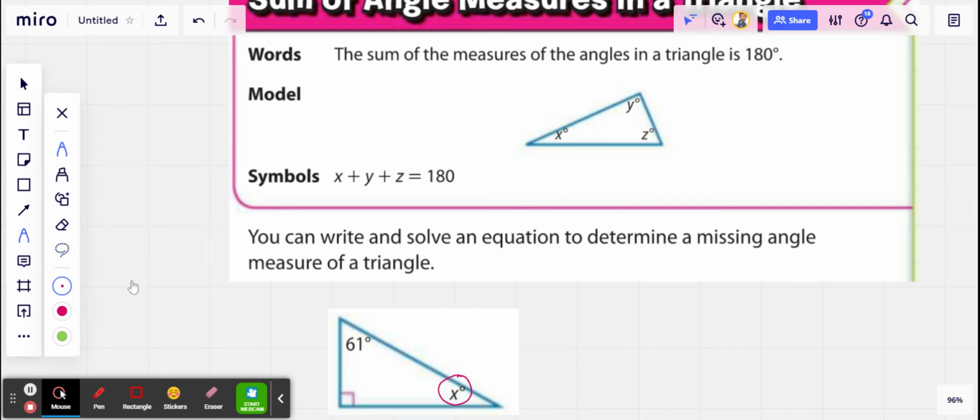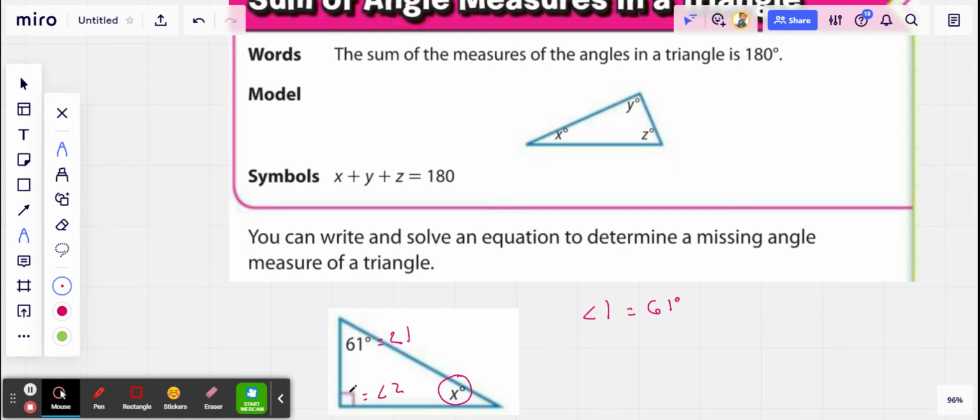So what is x? Well, I'll call this angle 1, and angle 1 equals 61 degrees. We'll call this angle 2.